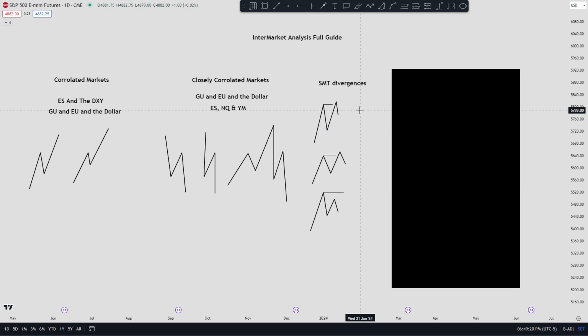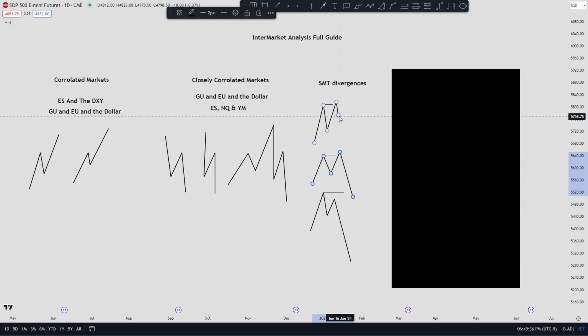SMT divergences can also work for a low. If the ES and the Nasdaq take out a high or a low, but one of the markets like the Dow Jones doesn't, while the other two do, then this can set up a strong move lower.